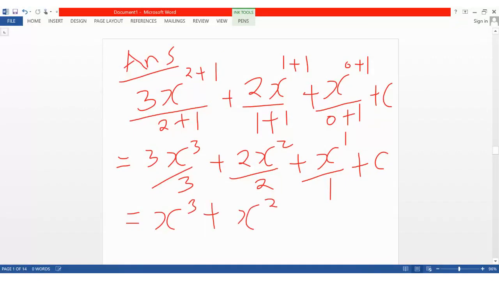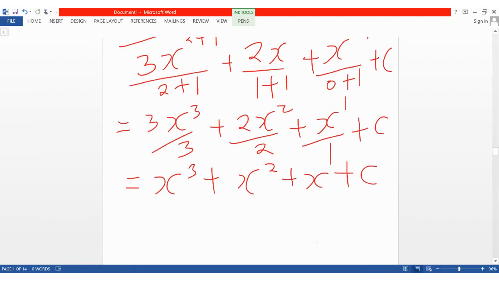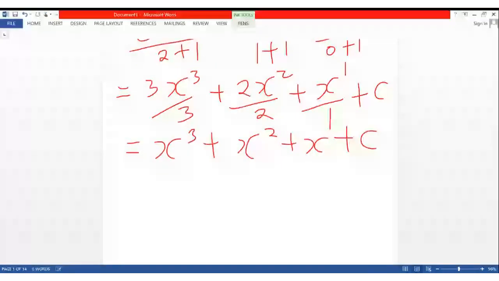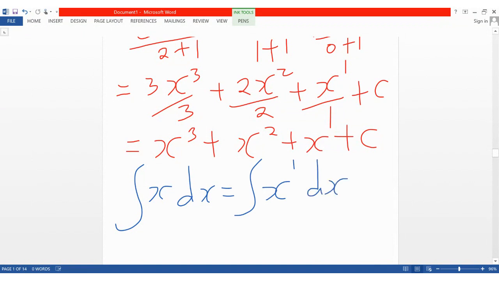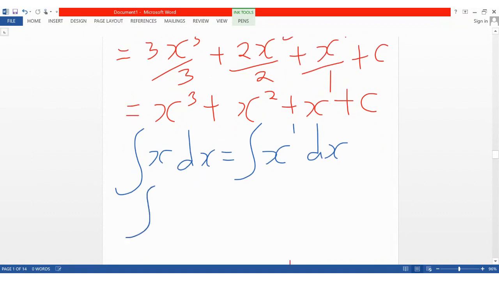So what are we noting here? When integrating, number one to note: the integration of x is the same as the integration of x raised to power 1. The integration of 1 dx is the same as the integration of x raised to power 0 dx, which you should always get as x. Integrating x gives x squared over 2.